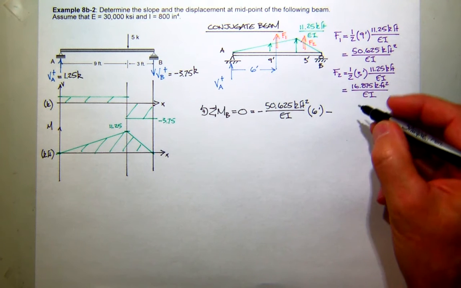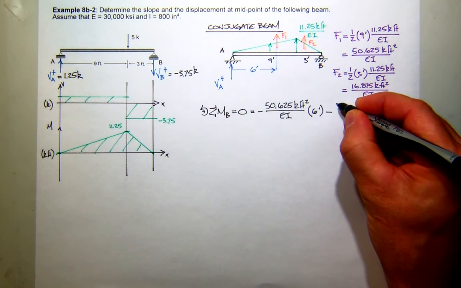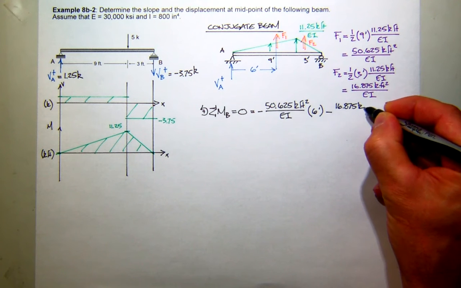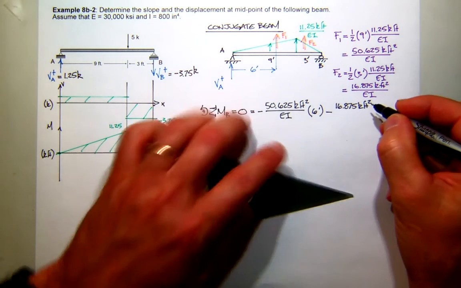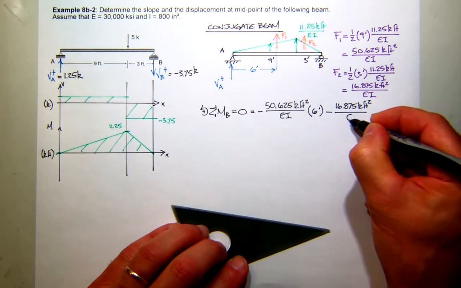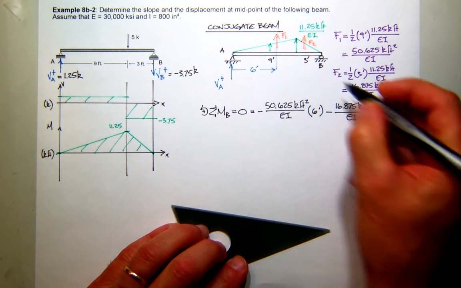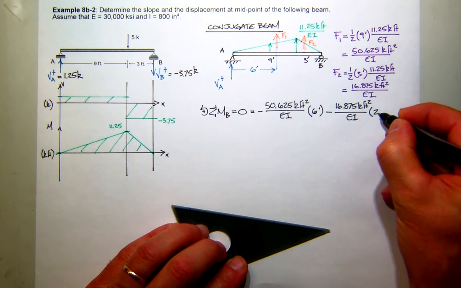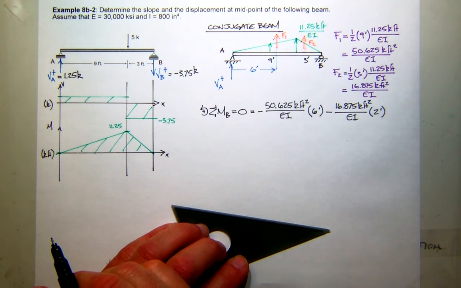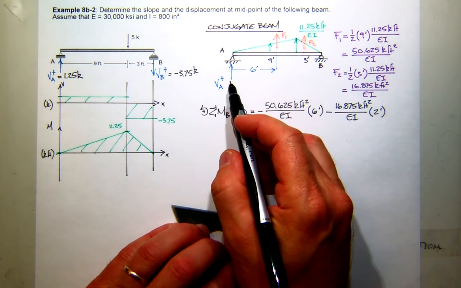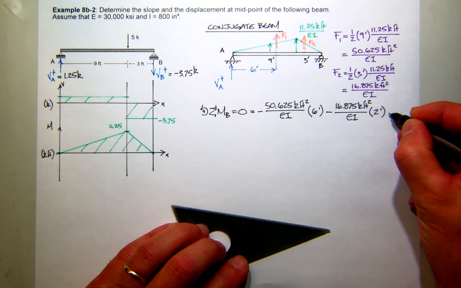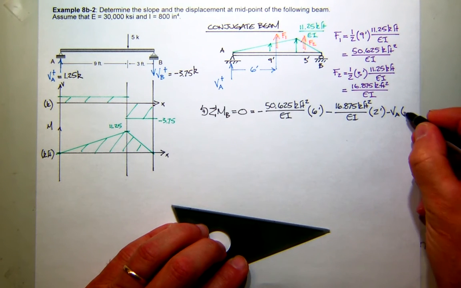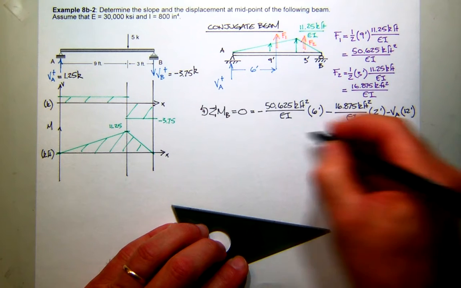And then minus F2, which is 16.875 kip feet squared over EI. And what's the distance from B to that centroid? 2 feet, correct. And then I get to AY, or the shear at A, and that's going to create also negative moment. And what's its moment arm? 12. So solve for the shear at A.